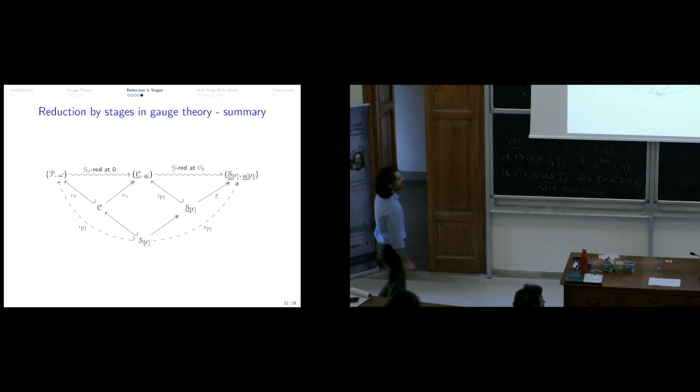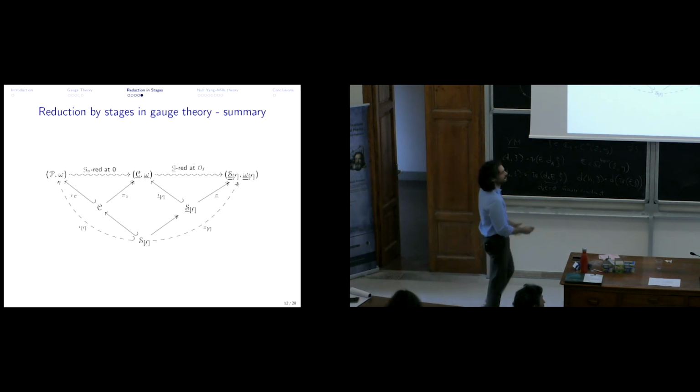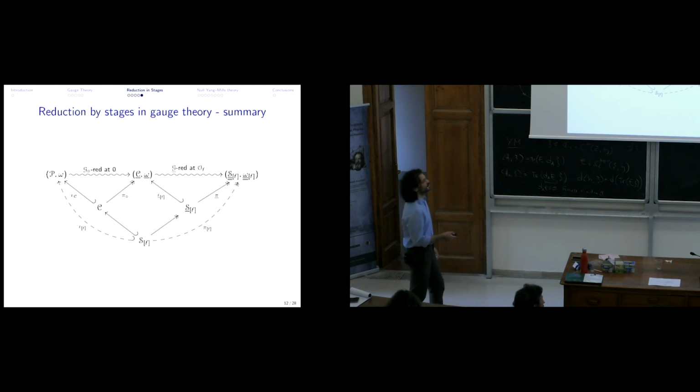Okay, let me summarize the reduction by stages for gauge theories. Here I have this geometric phase space, which is just the restriction of fields to a codimension 1 submanifold.